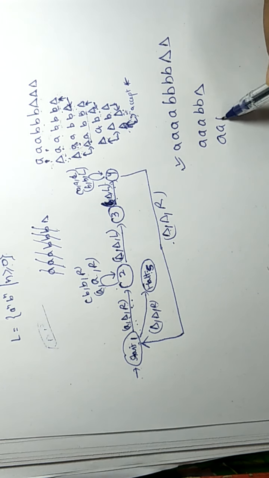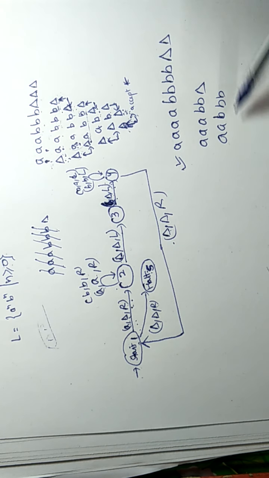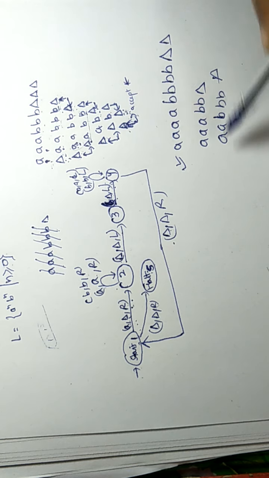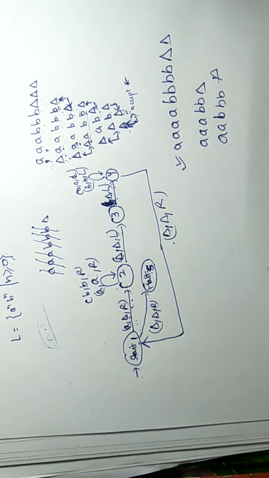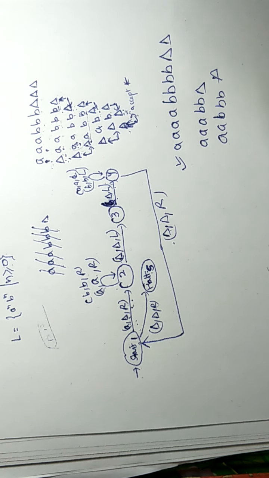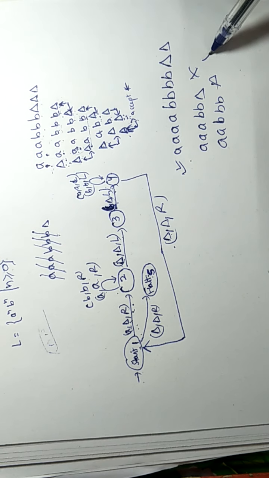Or you can check how this input will be traversed here and on which state it will reject. You will get a better idea if you take some input and try to traverse it over the machine. What will happen if we give this input or some other input? You will see whether it is accepted or rejected.